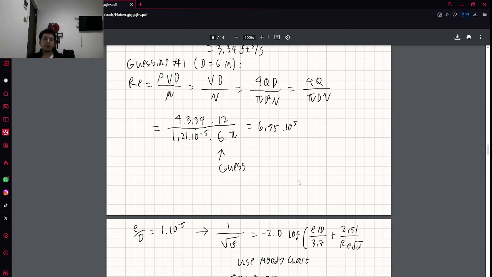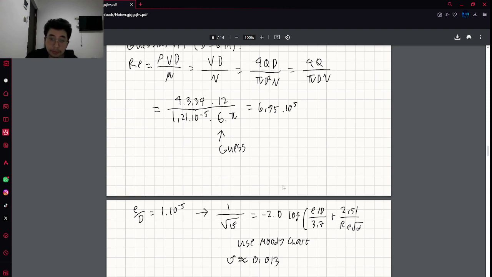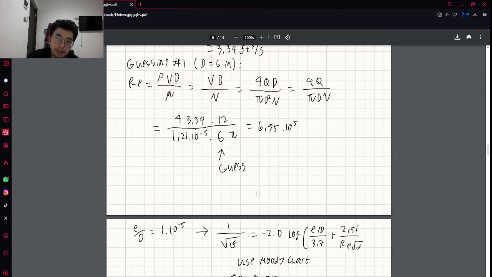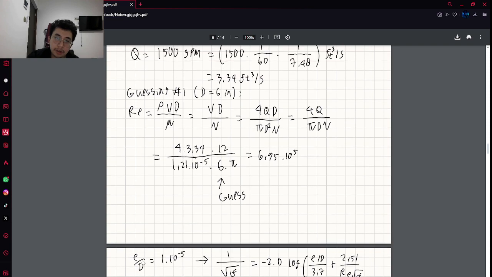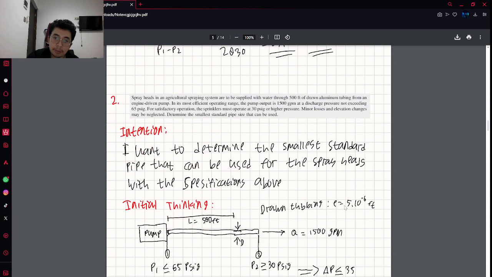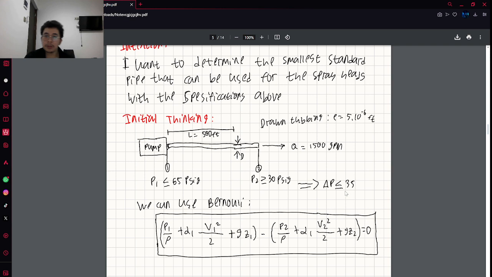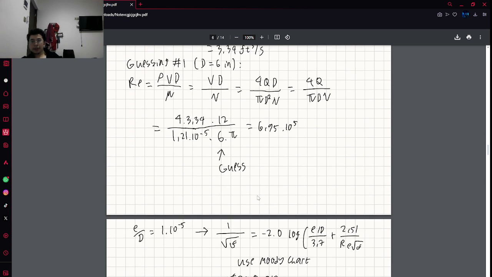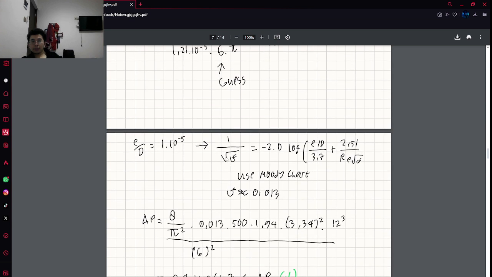And we can see the Moody chart, or basically just do some calculations, which E divided by D equals, D is basically the diameter, 6, so 5 times 10 to the minus 6 divided by 6 equals to that, 1.10.